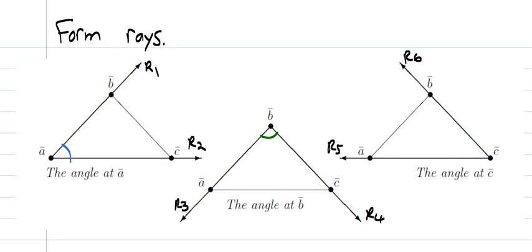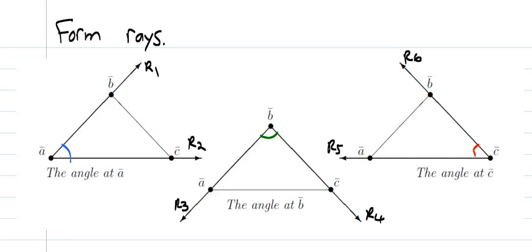Ray R5 starts at C and passes through point A. Ray R6 starts at C and passes through point B. The angle between ray R5 and ray R6 is the angle at vertex C. This is wonderful because now we can define the angles of a triangle. To do this, we had to construct 6 rays in total.